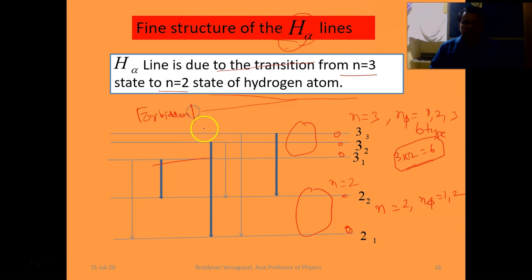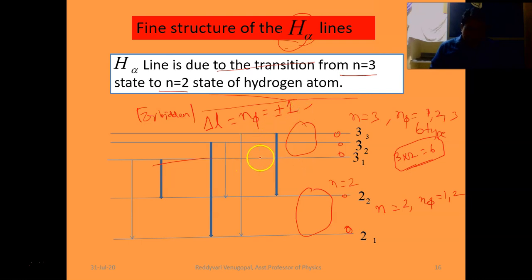Here one rule is there, that is called the selection rule. That selection rule is delta L, we are calling it n_phi, delta L should not be greater than plus or minus 1.